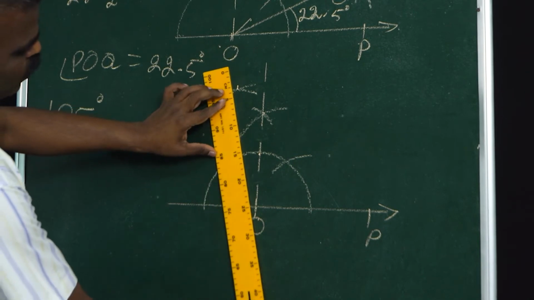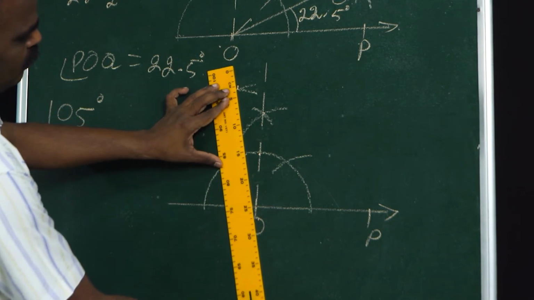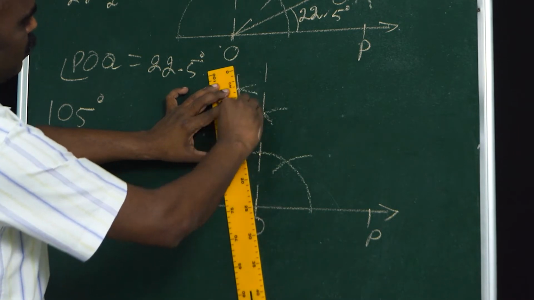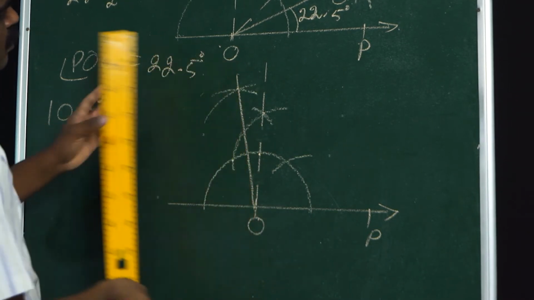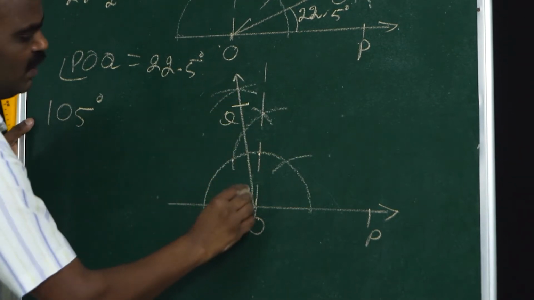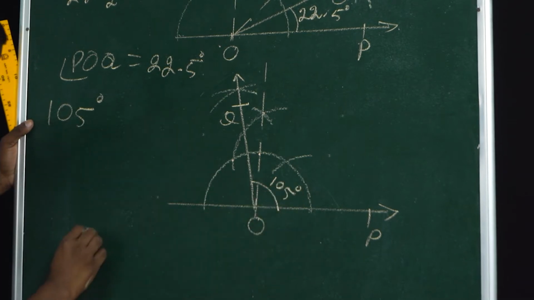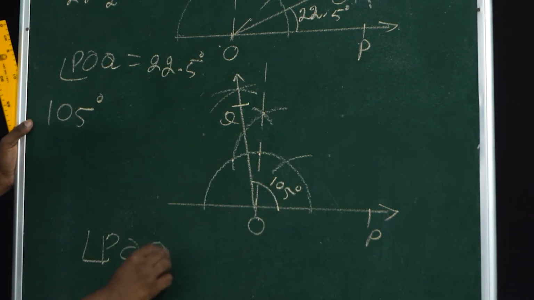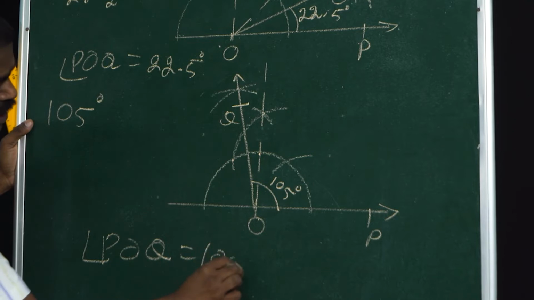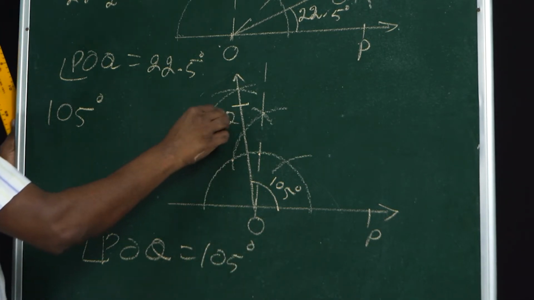Join that point and which one? Point O. This is common. 105 degree. Angle POQ is equal to how much? 105 degree.